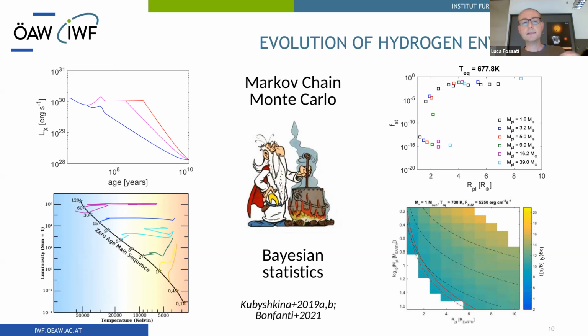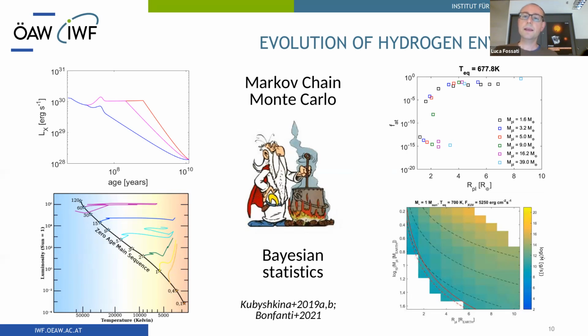In fact, this is actually evolutionary tracks for the rotation period of the star, and this is left as a free parameter. It is a broken power law where the exponent at ages shorter than 2 gigayears is left as a free parameter. And then we have stellar evolutionary tracks that we use to track the temperature of the planet as the evolution goes.